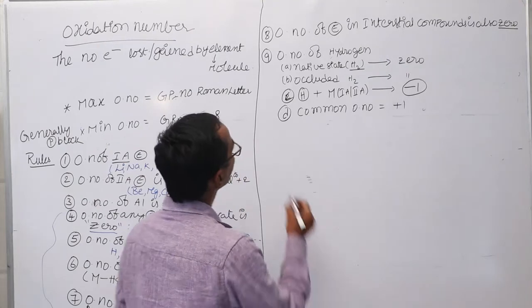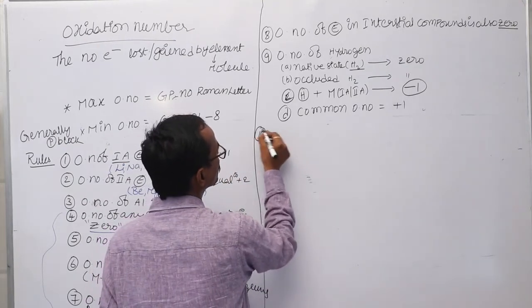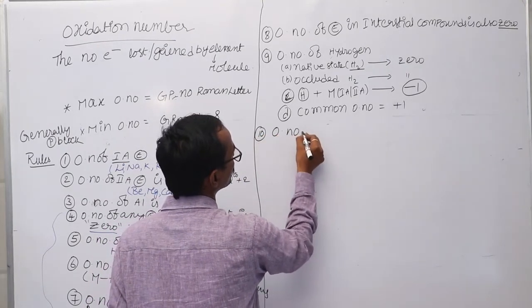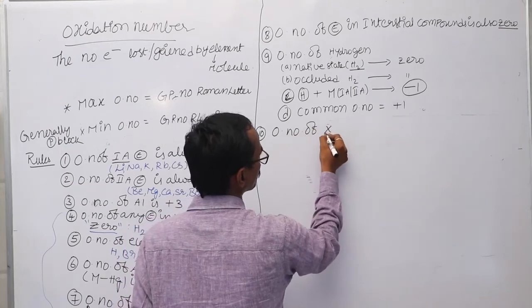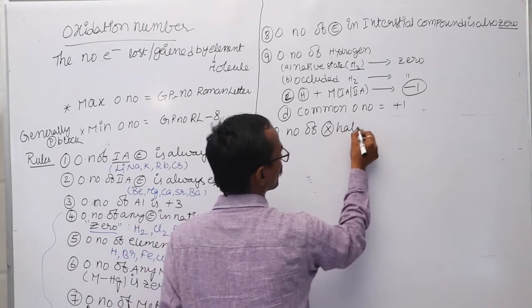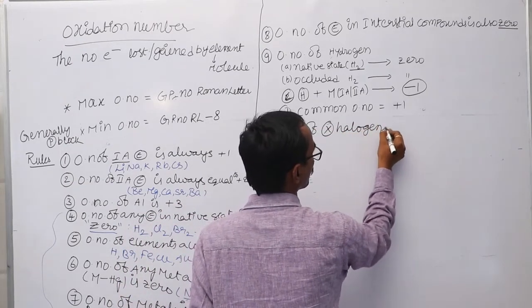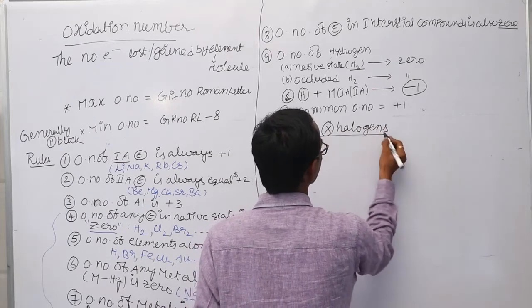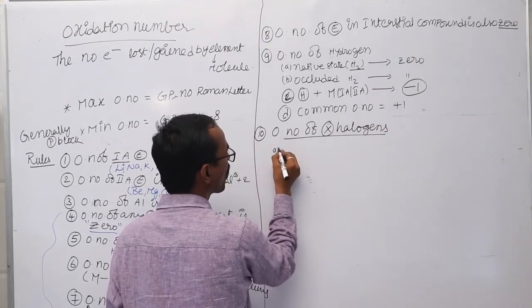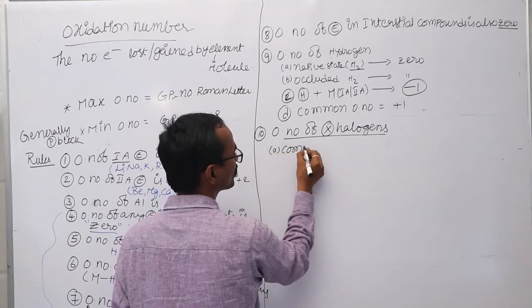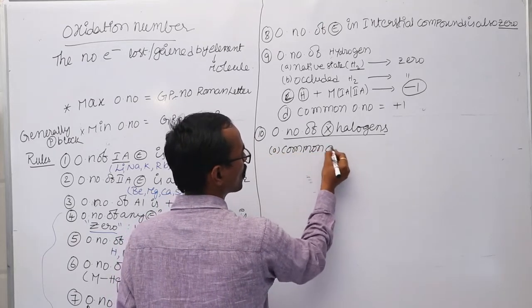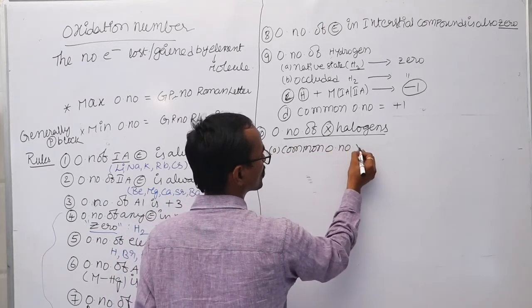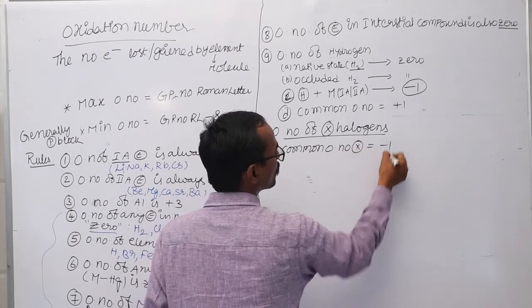Next, let us discuss the oxidation number of halogens. Generally, the common oxidation number of the halogens is equal to -1.